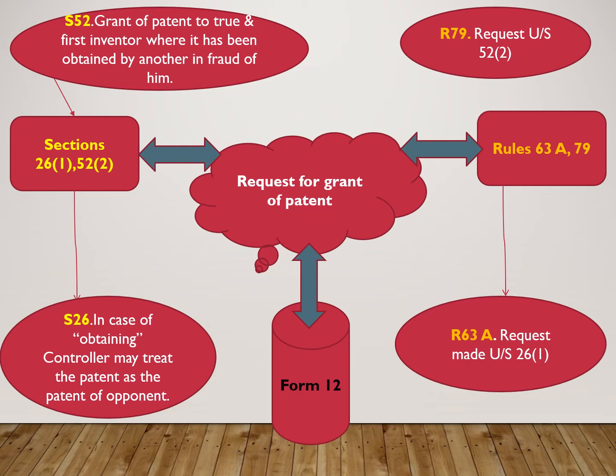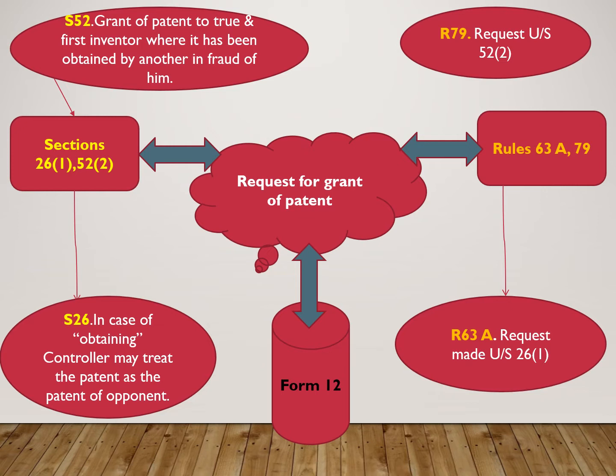Okay, we can say grant of patent is done to the true and first inventor, that means the deserved one. Fine. And this is to protect him or her from the fraud. Similarly, the related rules are rule number 63A, whose title is Request Made under section 26 subsection 1, and rule number 79 is Request under section 52 subsection 2.